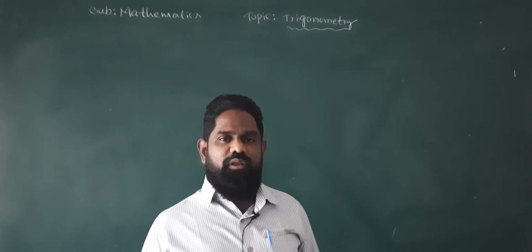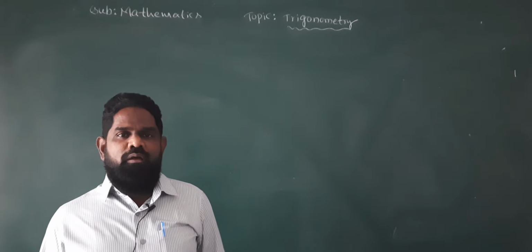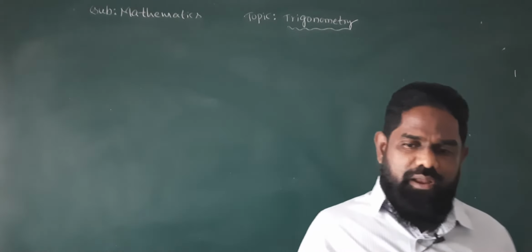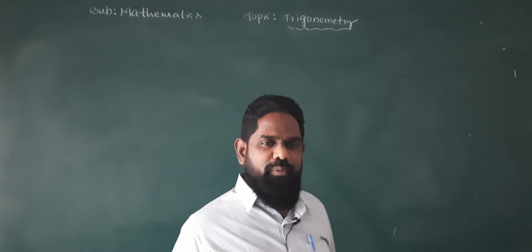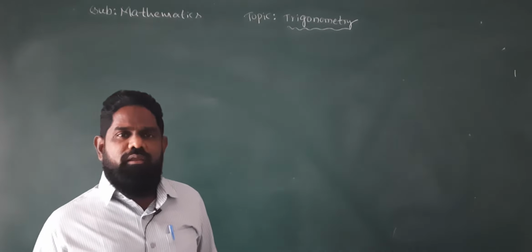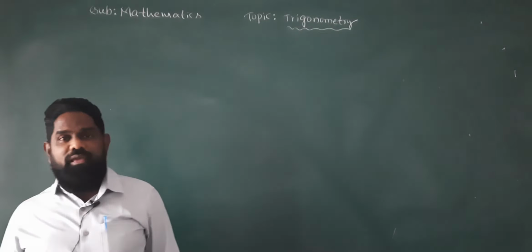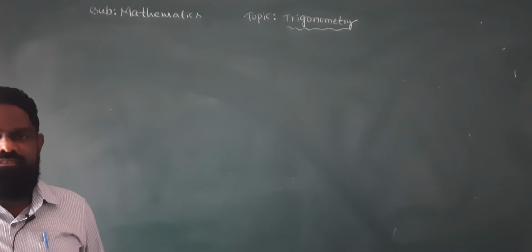Good morning students. Today we are continuing our topic trigonometry. We did some problems of trigonometry related to trigonometric identities, ratios, trigonometric values. I have already told you the table of trigonometric values of angles 0 degrees, 45, 90, 60.